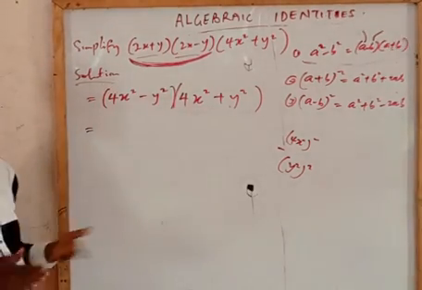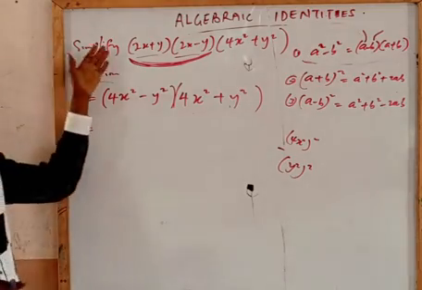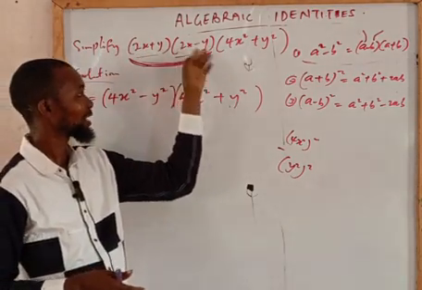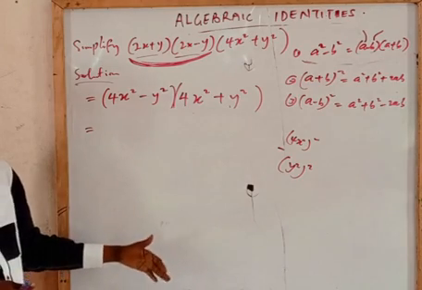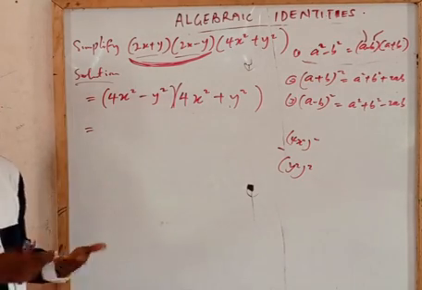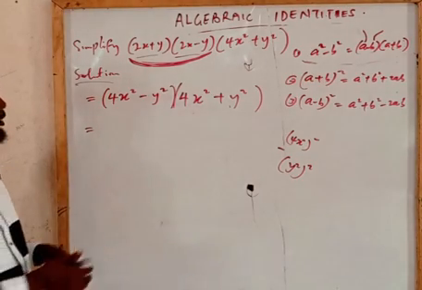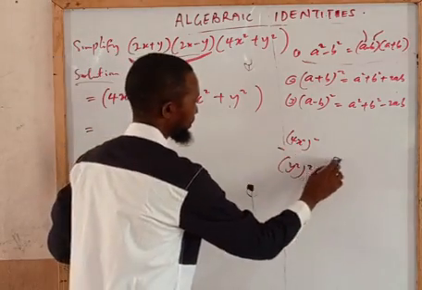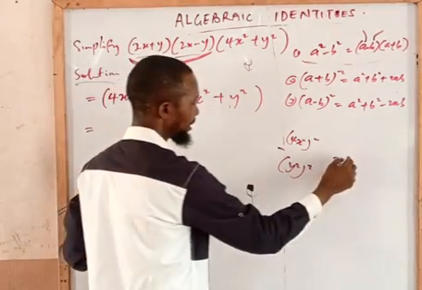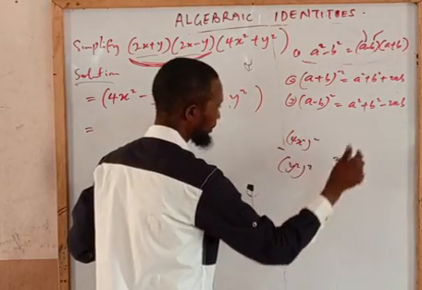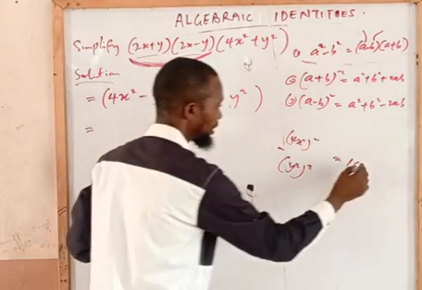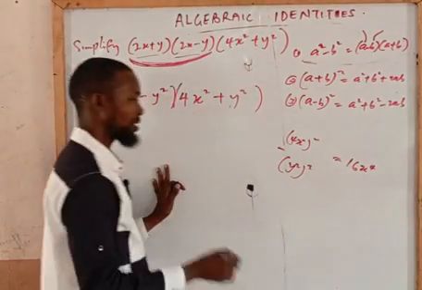So you can see this thing requires just 3 steps. And if we were to use normal multiplication, where we want to open this bracket, then open this bracket, we know how many spaces we are going to occupy. We know how long it's going to take us. So which means if I square this thing, 4 times 4 here gives 16. x squared times x squared, that one gives x raised to power 4.